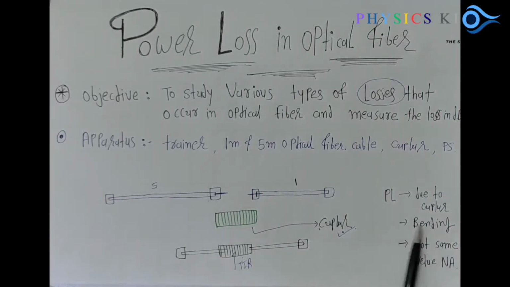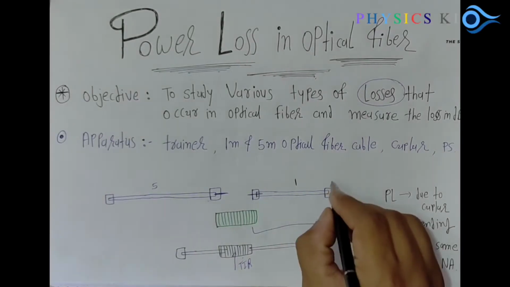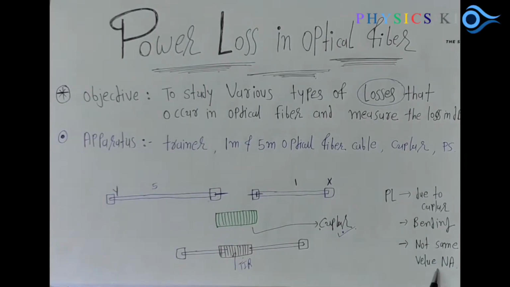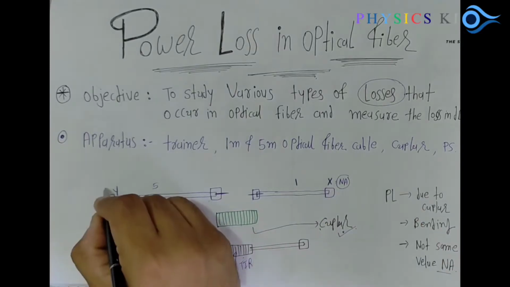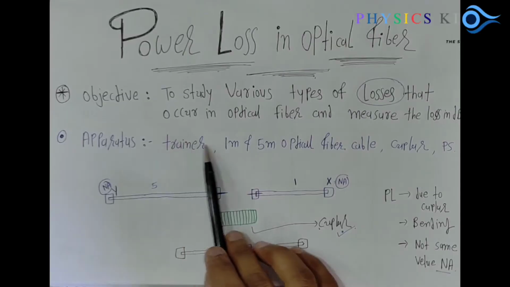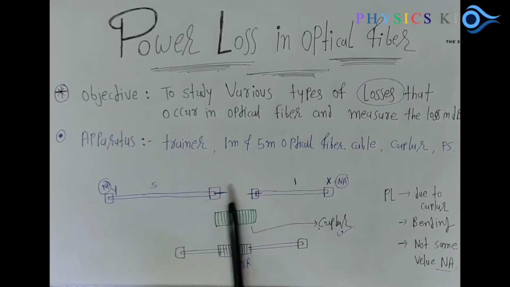Another reason is bending. Suppose this cable is made from material X and this one is Y, so due to different materials, different numerical aperture values, and connection glitches, we have various types of losses in this optical fiber cable.